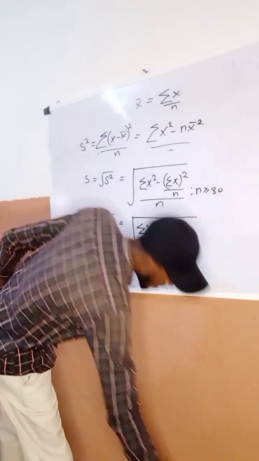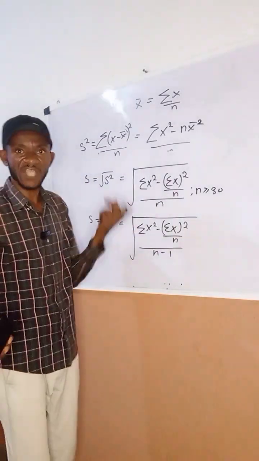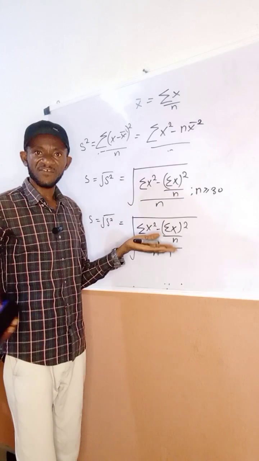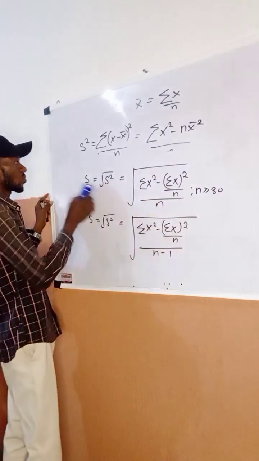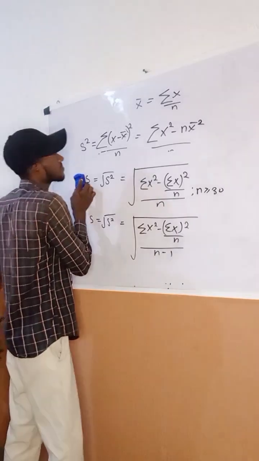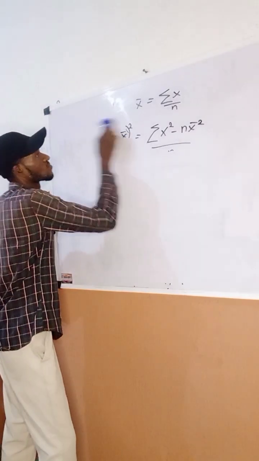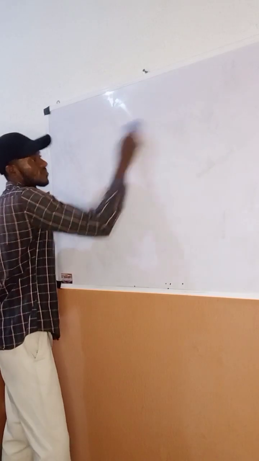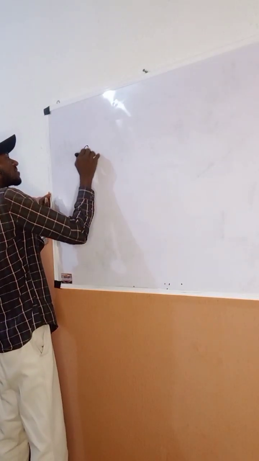Okay? So permit me to clean it and talk about another measure of dispersion, which we call the coefficient of variation.